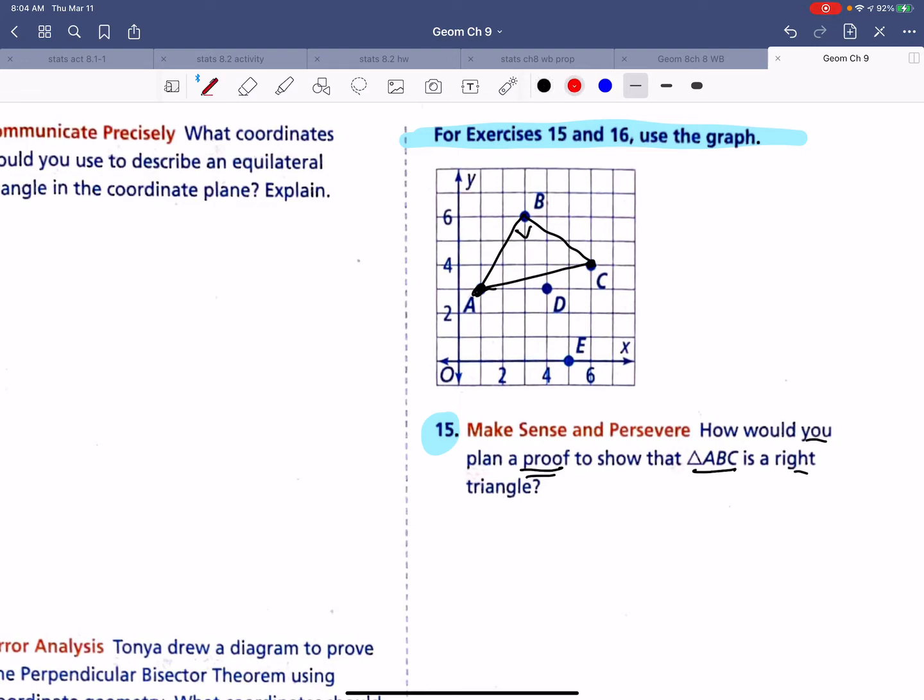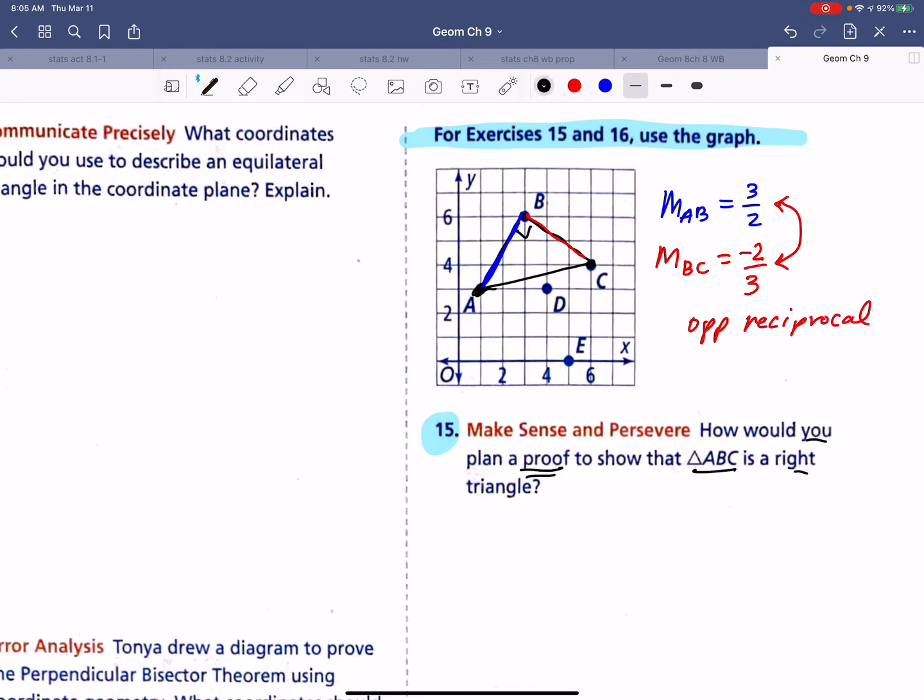To find that that's a right angle, I think the one we were probably the most comfortable with today is slope. So the slope of AB is, I rise 3, I run 2. And the slope of BC is, I fall 2, I run 3. And we recognize these are opposite reciprocals.